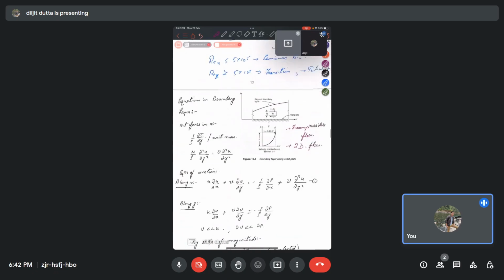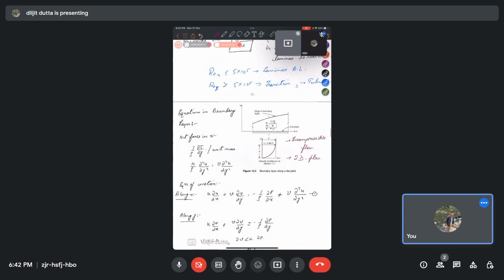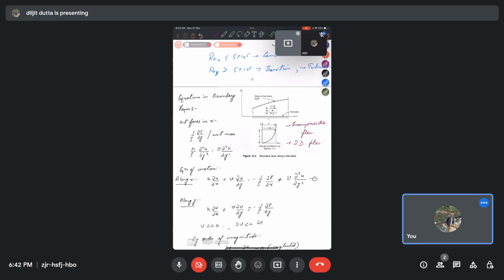Now coming to the equations of motion, the first thing is the net force in x direction. To go into the equations of motion in x direction, first you should know that the total force in x should be balanced. What is the total force in x direction?